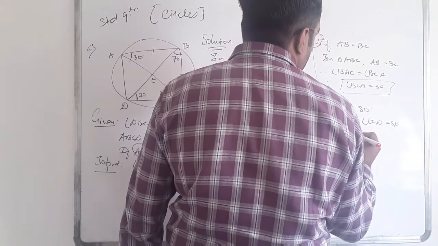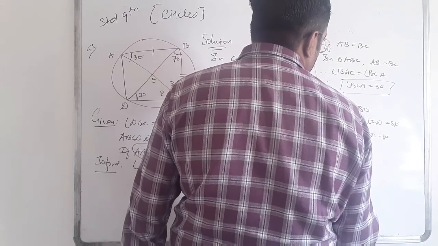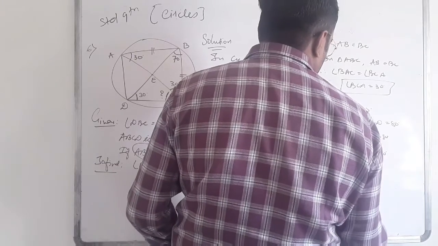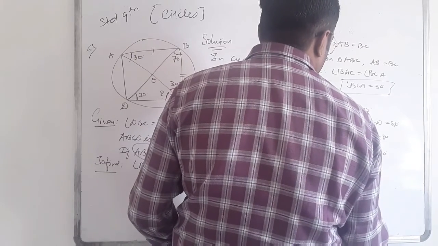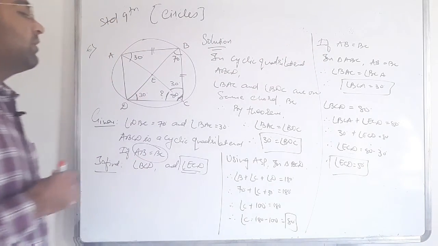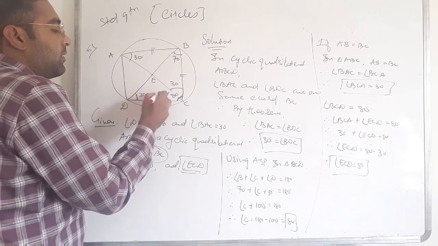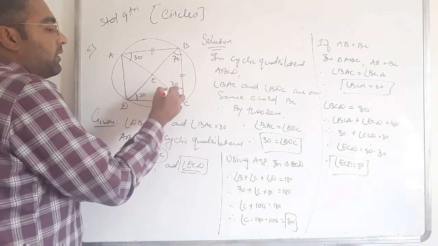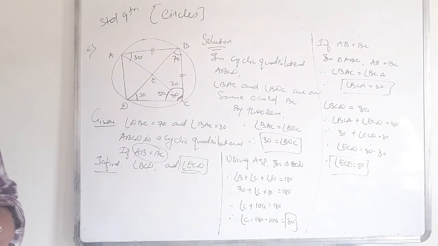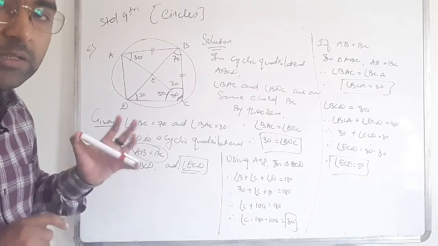BCA is 30 degrees, so ACD is equal to 50 degrees. Clear that? So here my angle is 50 degrees, because the whole 80 degrees is given, this part is 30 degrees, and this part is 50 degrees. Okay, please note this down first and fast also.